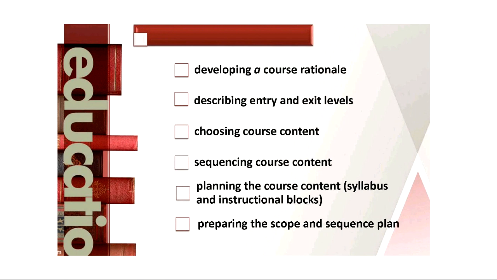You will choose and select the course content, how you will order and sequence it, how you will plan the course content, the syllabus, the instructional blocks, the materials, what the divisions are, and how you will prepare your plan with the scope and sequence or order.